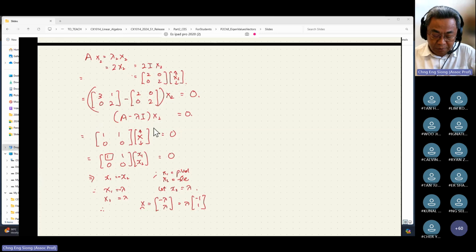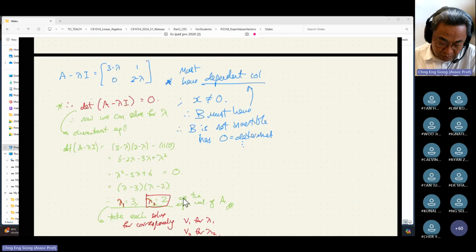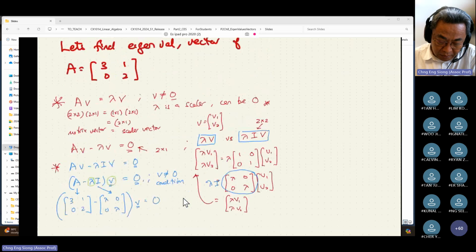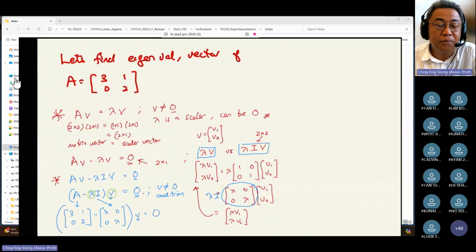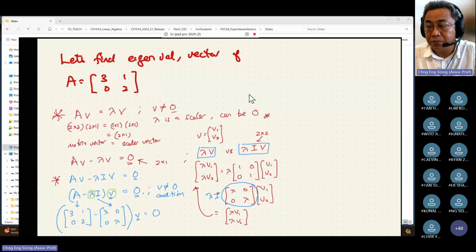So let's summarize. I never like to go through this because it's so boring, but okay, it's a 3-page problem. The steps to perform this are as follows. Once you are given A, the first step is always to find the eigenvalues.